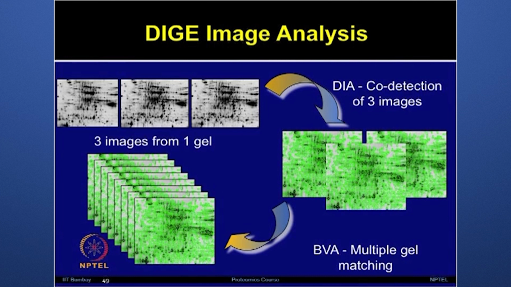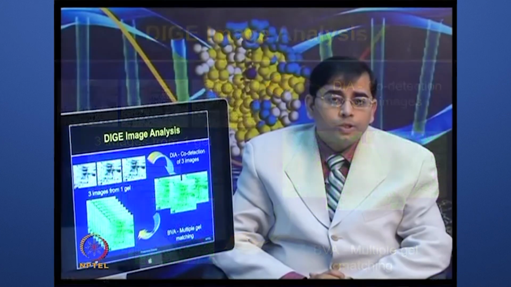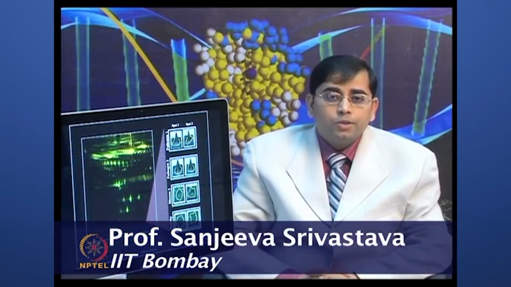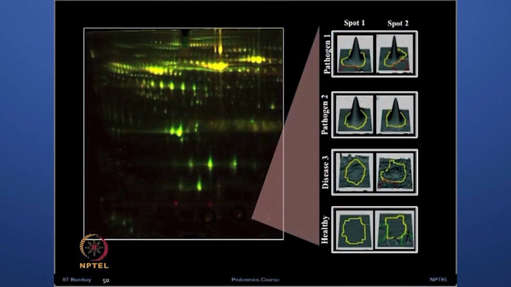Now, the multiple DIAs can be matched in the BVA set. These BVAs can then further be used for obtaining statistical information about these protein changes, whether those are statistically significant or not. I am showing a representative gel here, where one spot is highlighted, in fact 2 spots are highlighted, shown in disease and healthy controls.